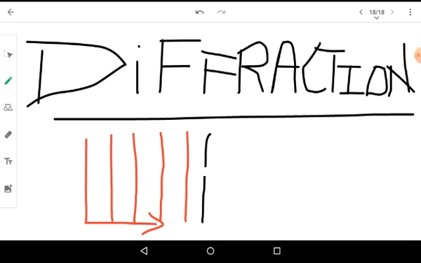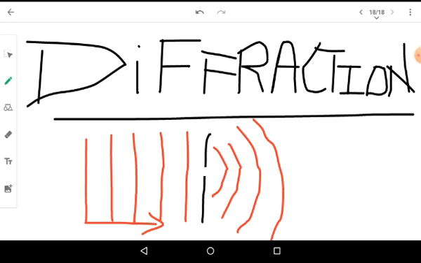What will happen when the light wave approaches this hole? It bends like this, and it forms something like your Wi-Fi symbol.